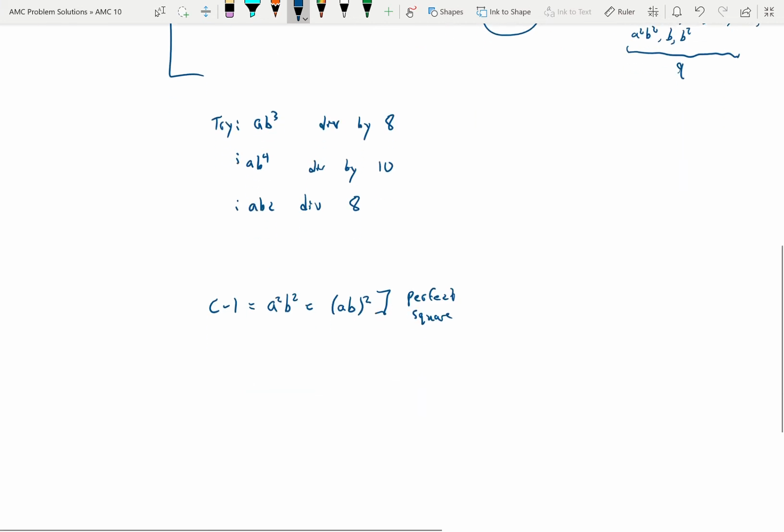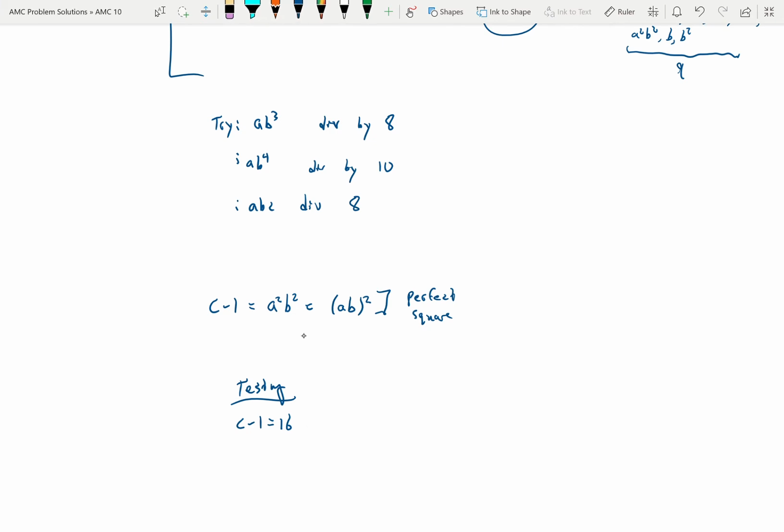That's interesting because now I'm going to try different numbers to see what's going to work. So thinking about all the perfect squares here and a reasonable age for Chloe to be, as small as possible, what if c minus 1 equaled 16?